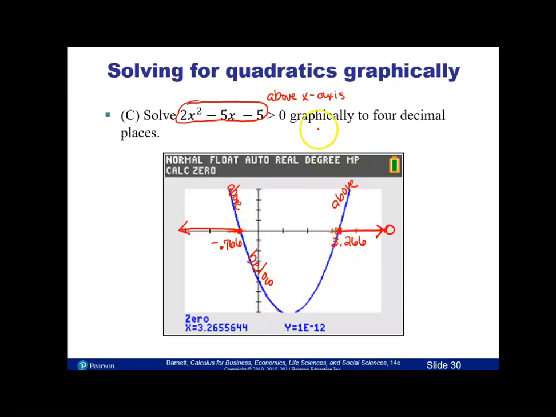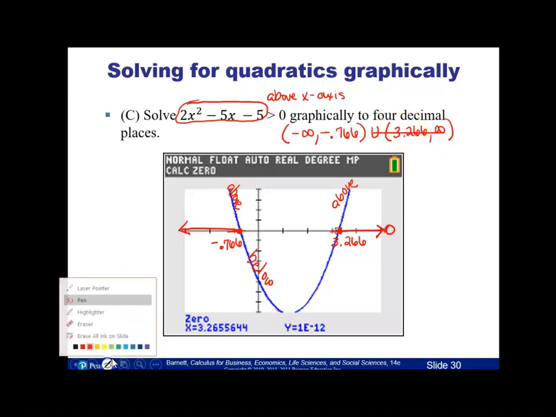So my answer would be from -infinity to -0.766, union 3.266 to infinity.